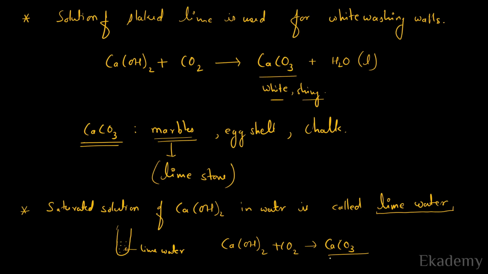These small particles of white calcium carbonate will be distributed in the solution and make the whole thing milky. So on passing carbon dioxide through lime water, it turns lime water milky.